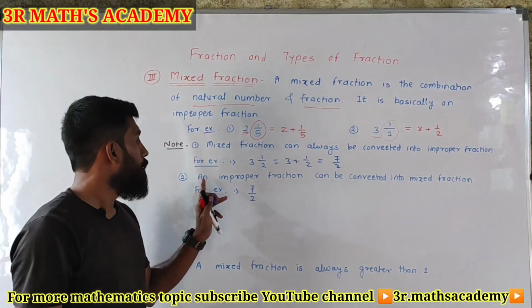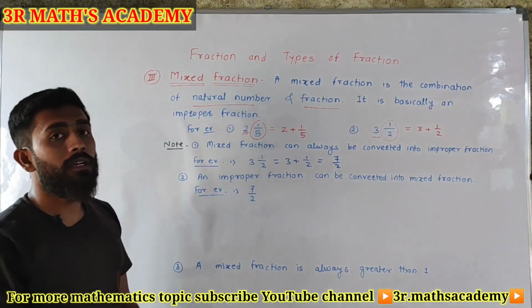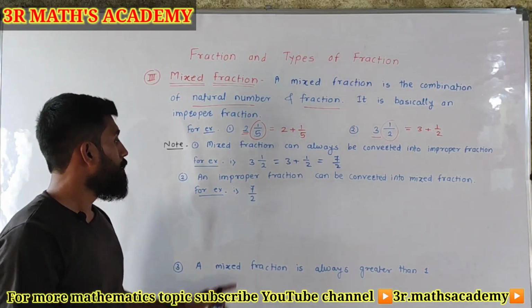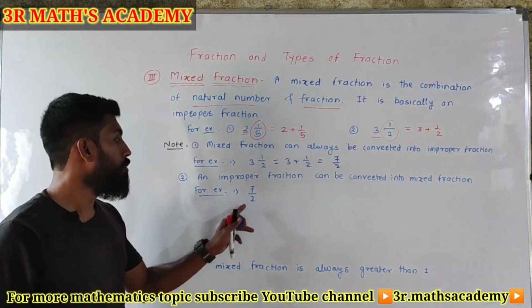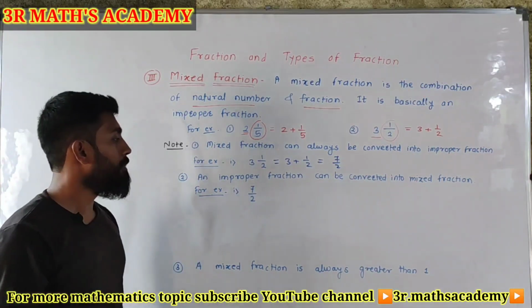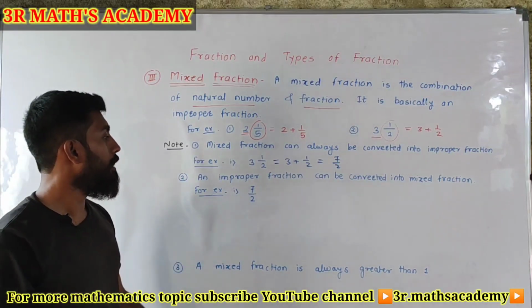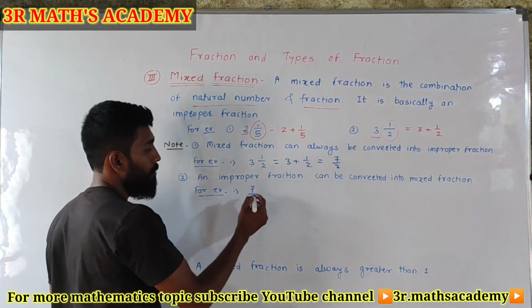Similarly, friends, an improper fraction can be converted into a mixed fraction. Here 7 upon 2 is an improper fraction because the numerator is greater than the denominator.